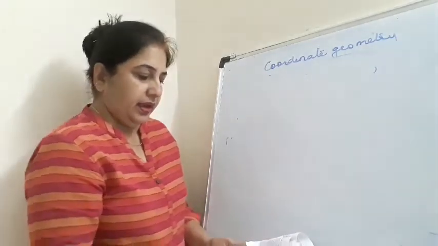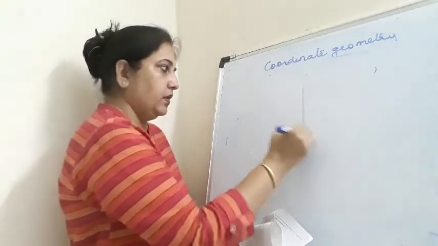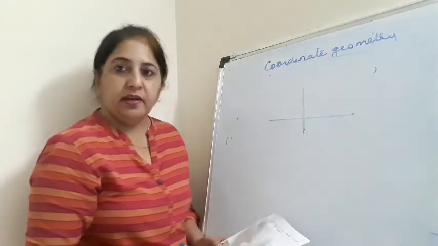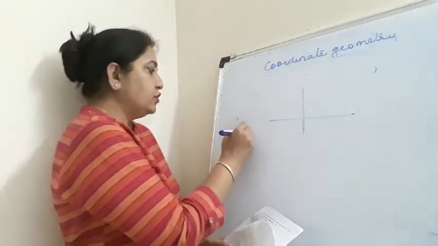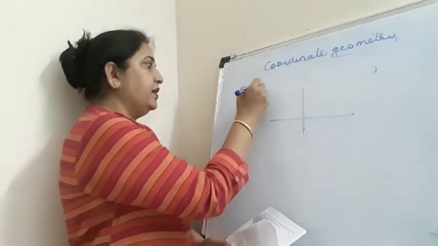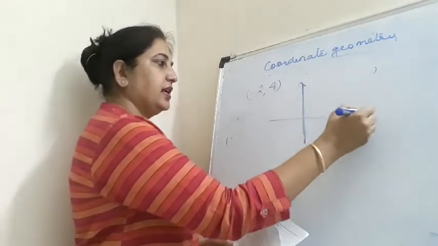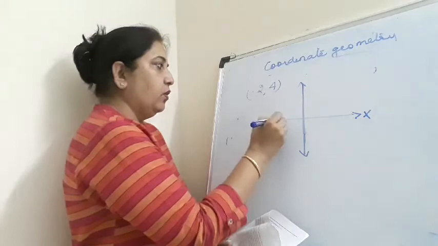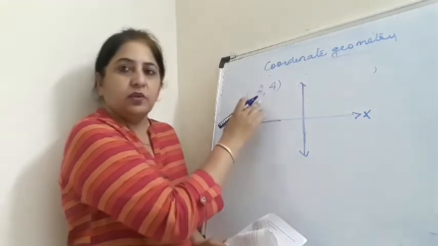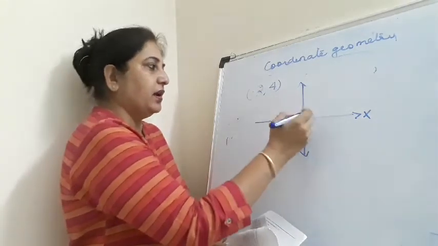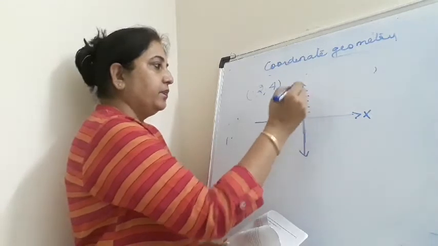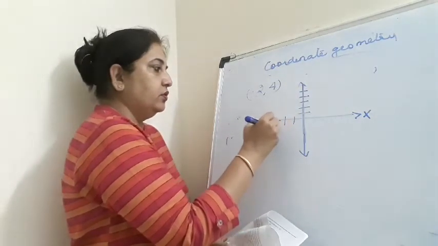Like if, suppose, I take a point (-2, 4). So this is y-axis, this is x-axis. Now I want (-2, 4). So I will only concentrate on this part. So if I take here 1, 2, 3, 4.